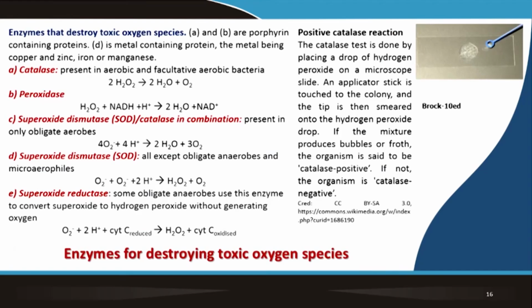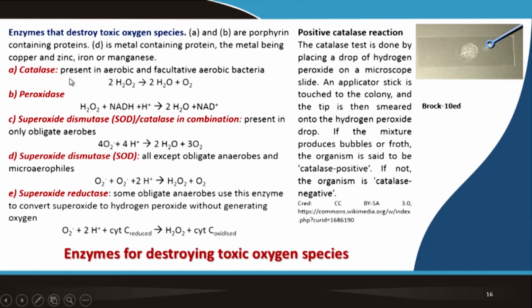Now, the fact that these toxic intermediate species are formed whenever oxygen is present in the environment, those microorganisms, including bacteria, that are capable of utilizing oxygen have enzymes for destroying the toxic oxygen species.